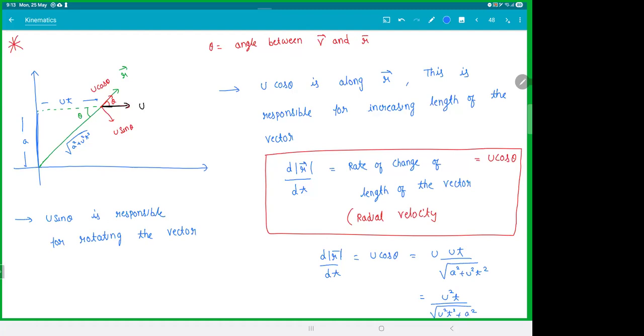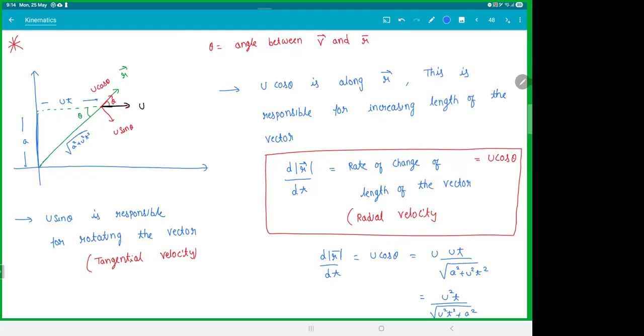We will talk about that later in more detail. We'll call that thing tangential velocity, which comes in circular motion. Radial velocity is along r bar or along the radius. Tangential is the tangent, the perpendicular one.